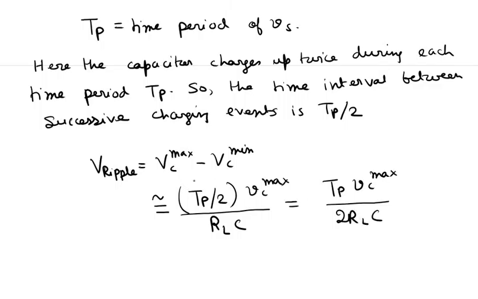So we note that V ripple has reduced. Earlier it was Tp Vc max by RLC, now it is Tp Vc max divided by 2 RLC.